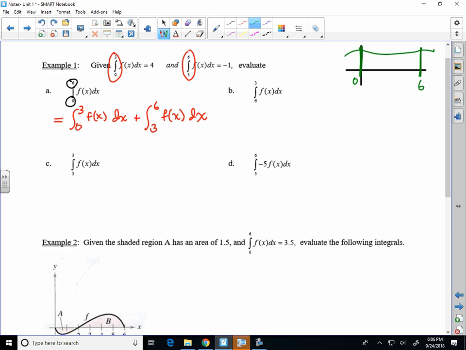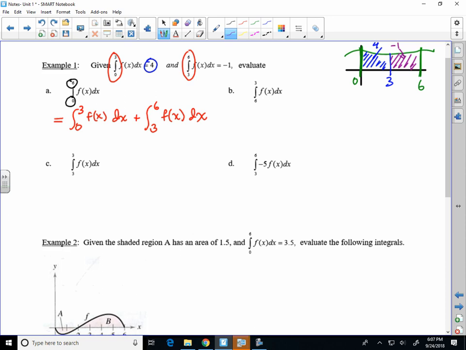What A is telling us to do is break it up so that instead of going from 0 to 6 directly, you go from 0 to 3, get that area, and that ends up being 4. They gave that to us. And then go the rest of the way. Go from 3 to 6, we have that area as -1.